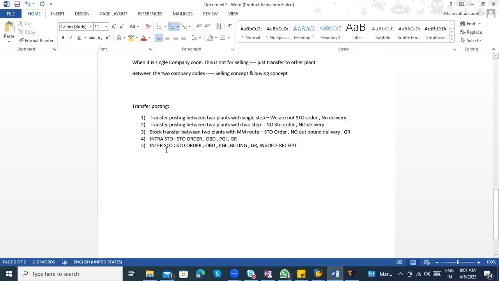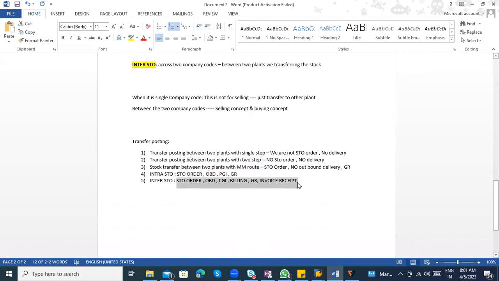Because it is between two entities with different company codes. When we're talking about inter-STO, it is between two company codes, right? When we're talking about two company codes, as I said, it involves the MM and SD process along with the entire cycle, right? So that means I need the buying concept and the selling concept.